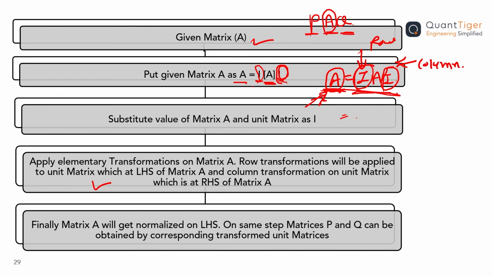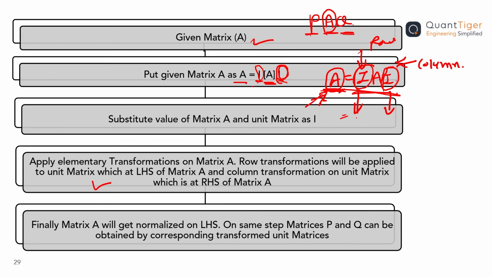So ऐसे अगर we keep going on applying the transformation on the A matrix so that it should get converted into normal form. The moment we will get converted that into normal form, उसी step में हमें हमारा P and Q मिल जाएगा, because we are applying transformation here as well. Same transformation we are applying it here. So ultimately this diagonal matrix will change into some matrix. उसके values वहाँ पे diagonal वैसे ही नहीं रहेगा, वो उसके value change होगी, and those will get converted into singular matrices.